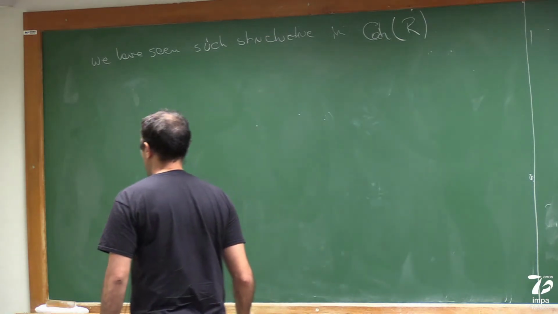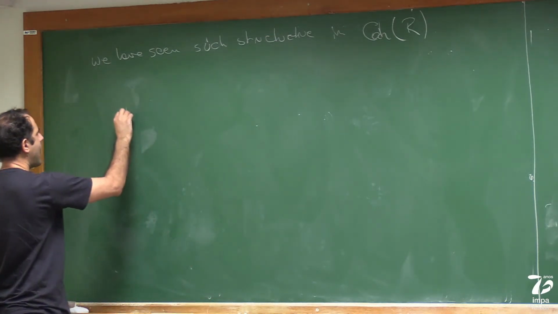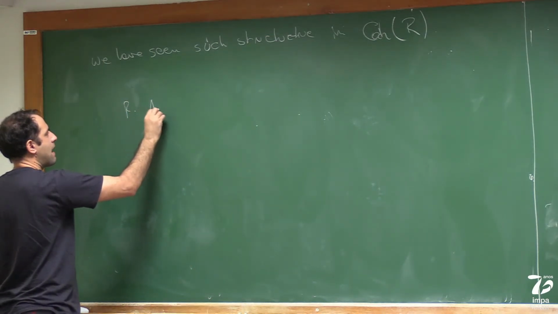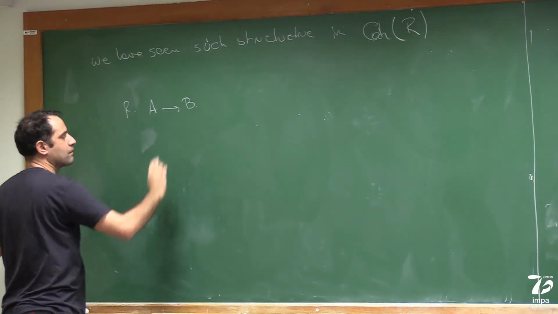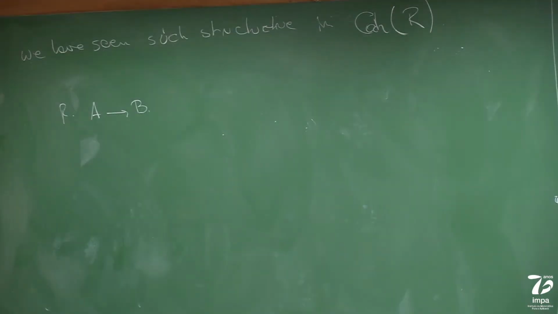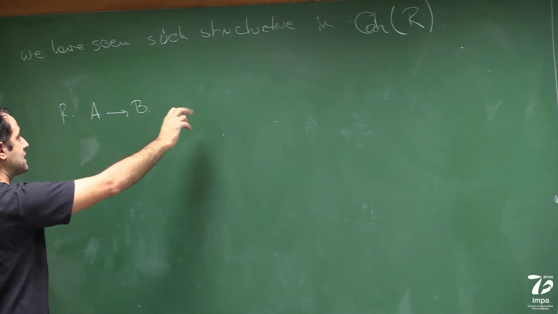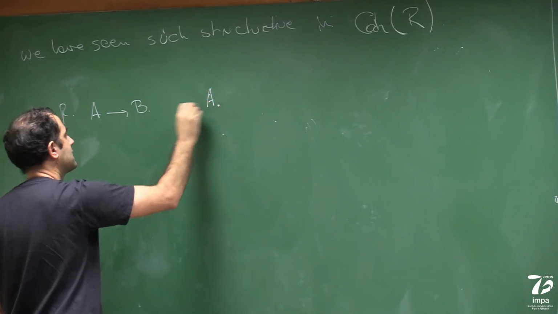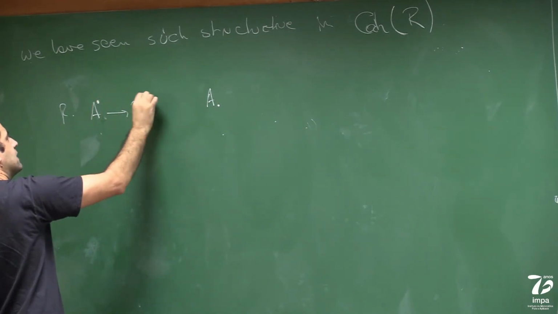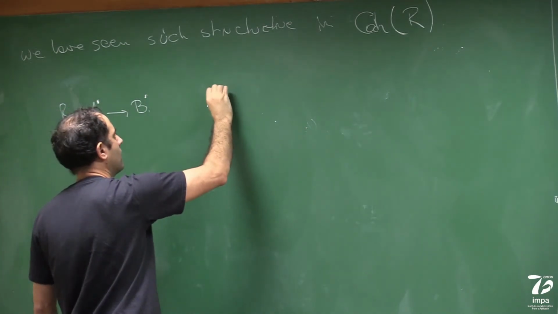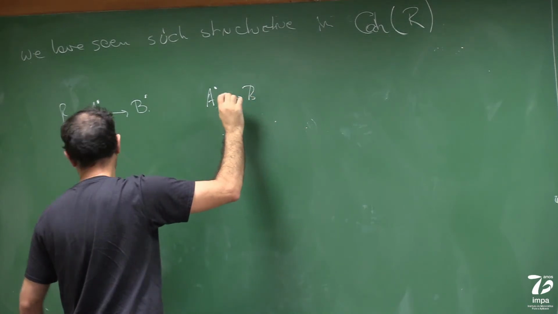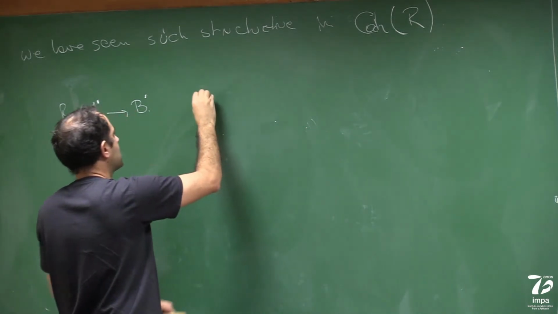Remember that if we have some F, which was a map from A to B, and these are cochain complexes, so here A and B are cochain complexes.